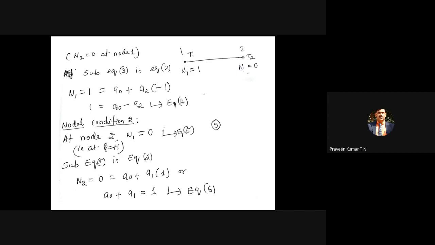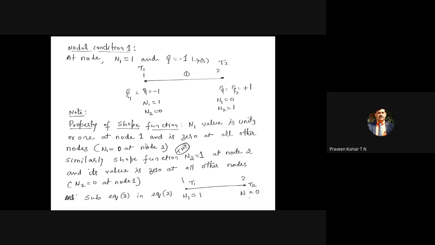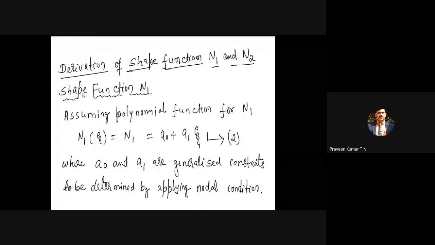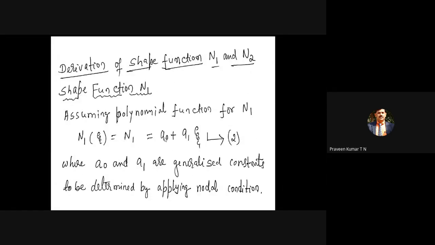Now, if you consider nodal condition 1, we are deriving the equations. N1 is equal to 1 at node 1. So now we put this into the original equation. N1 becomes 1 is equal to a0 plus a1 xi. The xi value at node 1 is minus 1.